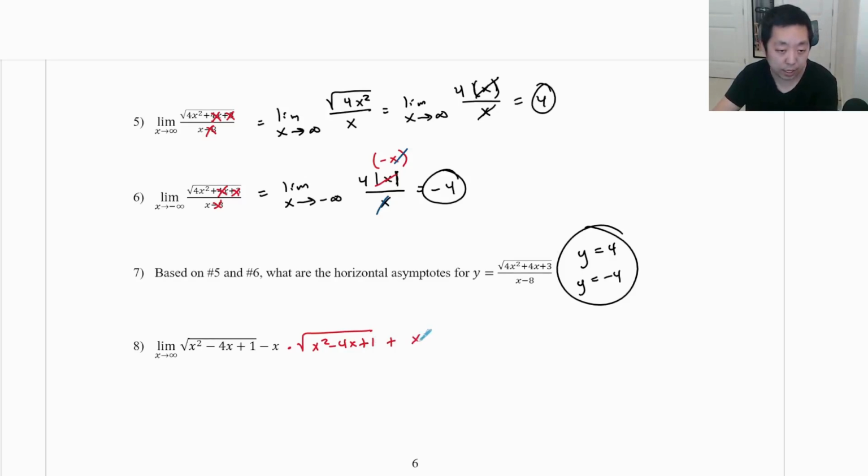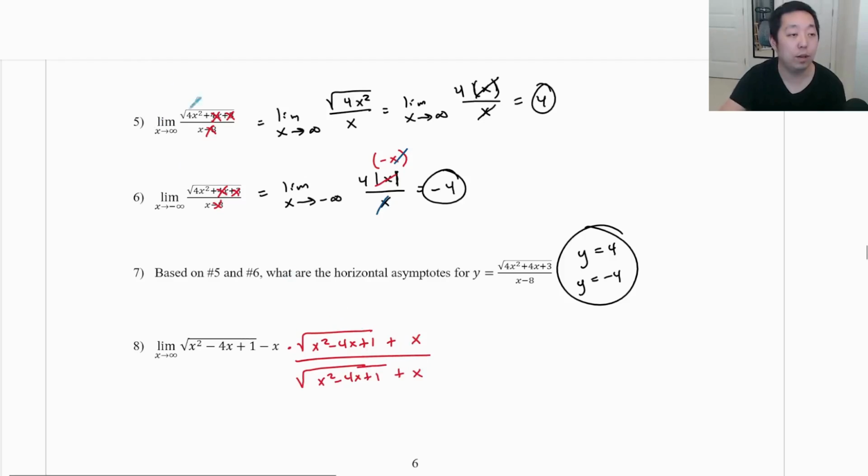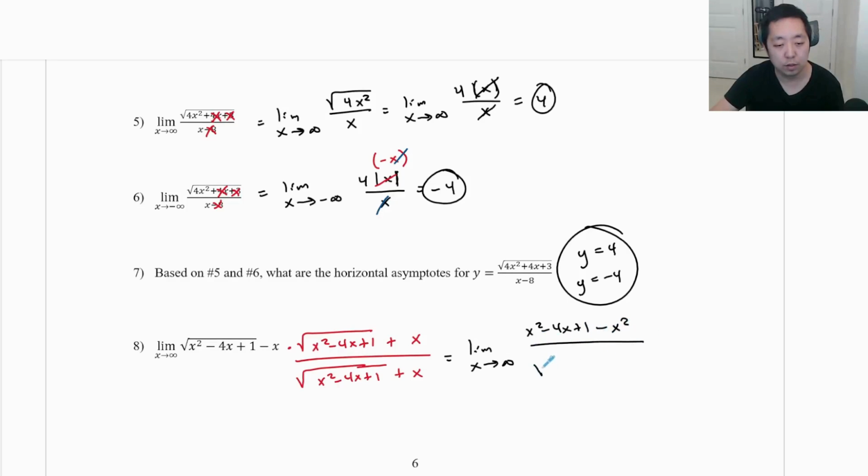Plus x. We do the plus sign because when we FOIL the top, it becomes nice and easy for us to work with. This times this becomes x squared minus 4x plus 1, then minus x squared, over root x squared minus 4x plus 1 plus x.